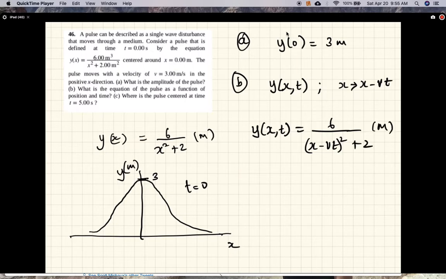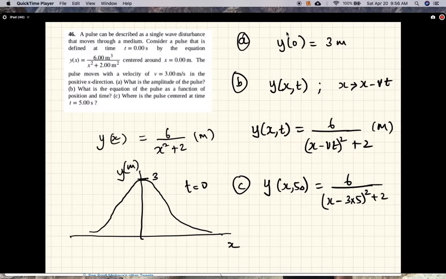Okay, and for part C, where is the pulse centered at time t equal to 5 seconds? It would be centered at velocity times the time. So the pulse is 6 divided by x minus 3 times 5, squared, plus 2.